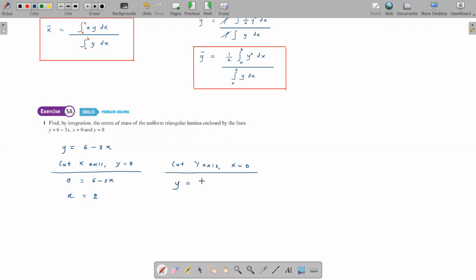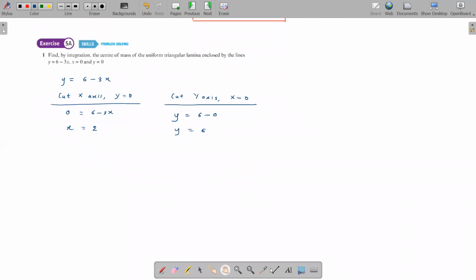Then you get y equals 6 minus 0, and y is 6. So we have the two cutting points. X is 2. This is (0, 6).